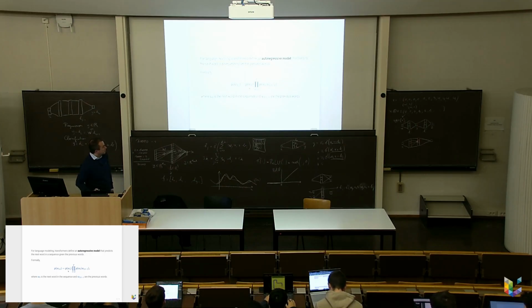Basically just using the product rule, as we have seen, you say that the probability of a sentence is the probability of the first word times the product of the transitions, so of the next word given the previous ones.